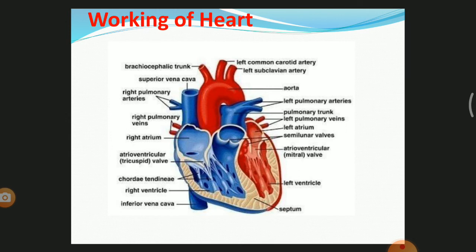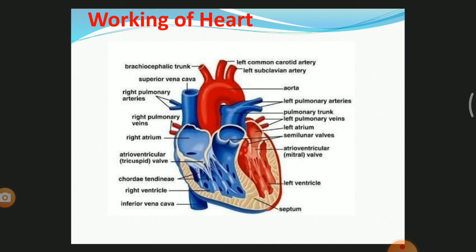When the left auricle contracts, the blood enters the left ventricle. There is also a valve between the left auricle and left ventricle, called the mitral valve or bicuspid valve. It prevents the backflow of blood from the left ventricle into the left auricle.